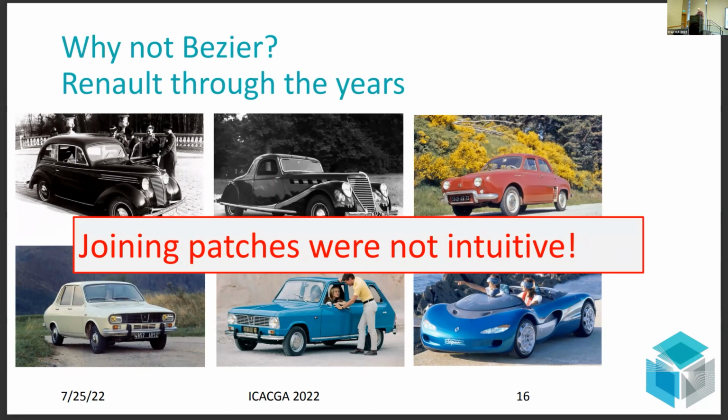So what's the upshot of this? It wasn't the patch that was the problem, it was connecting the patches. And we have since learned Bezier, B-spline, and a lot of other surface types people have come up with. It isn't the surface type, it's the connection of those surface types that really matters.